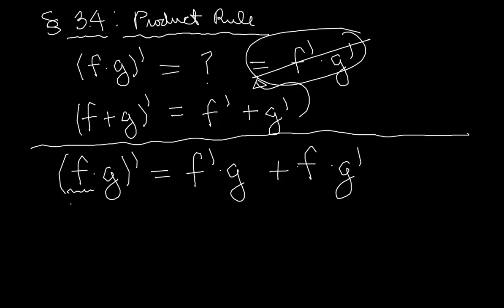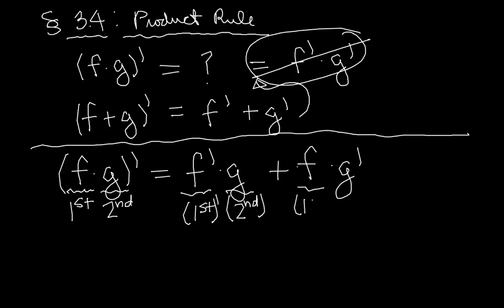Let's look at f as the first function. Let's look at g as the second function. Then how does the product rule go? It always goes derivative of the first times the second plus the first times the derivative of the second.